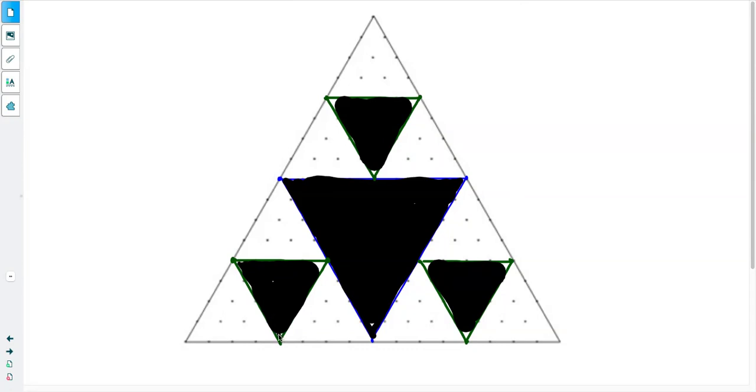So these are our first two stages of our Sierpinski gasket. I think I might do one more.